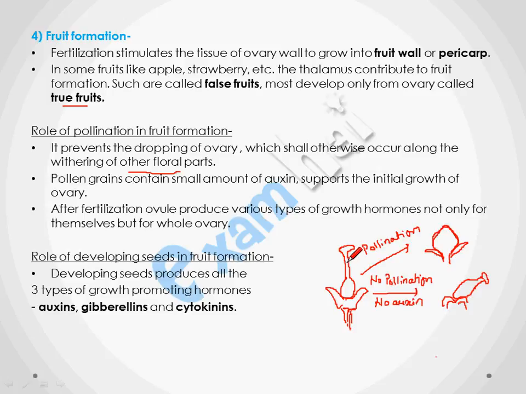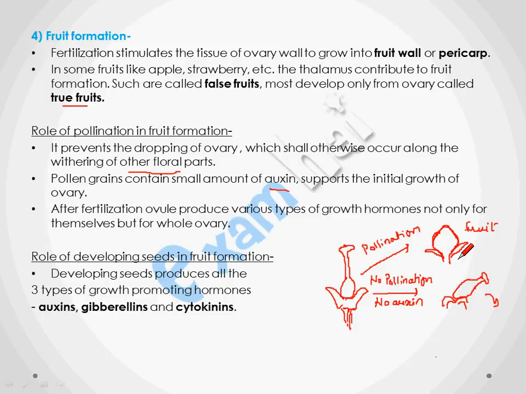The pollen grain contains a small amount of auxin. Auxin is a growth promoting hormone, which is necessary for the development of the ovary. If there is no pollination, there is no auxin and the ovary will drop. If there is pollination, there will be a small amount of auxin, and the ovary will develop into a fruit.